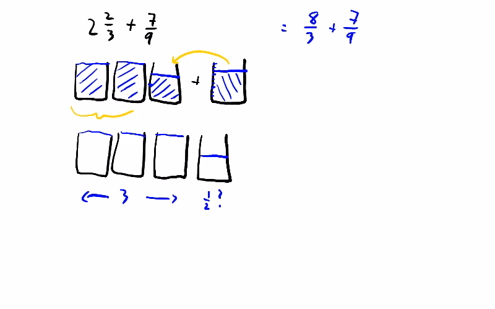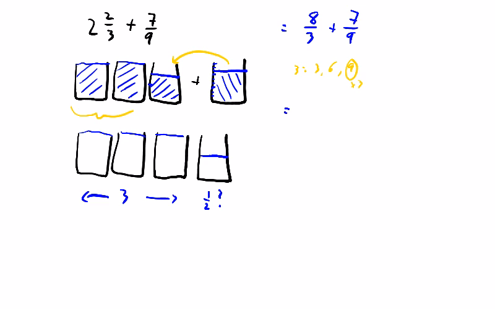Okay, so it turns out since 3 can be 3, 6, 9, the third multiple of 3 is 9, so we can leave the 7 ninths alone, but the 8 thirds we can adjust by realizing that we want the third multiple of 3. So here's what we can do.